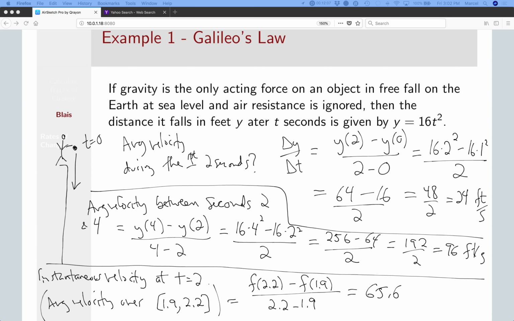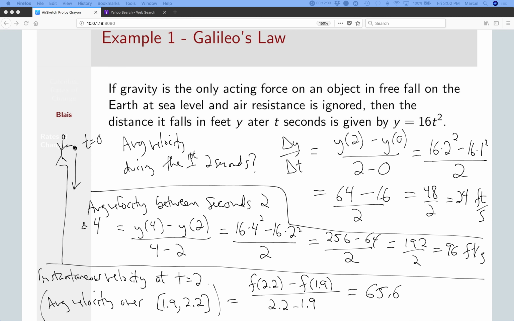And so we should believe that that's going to be pretty close to the instantaneous velocity at 2 seconds of the rock falling, because this is a pretty small interval. This is an interval of width 0.3. And the idea here is you would make the width of this interval smaller and smaller. And that is our connection to our idea and use of limit that we spent so much time developing.